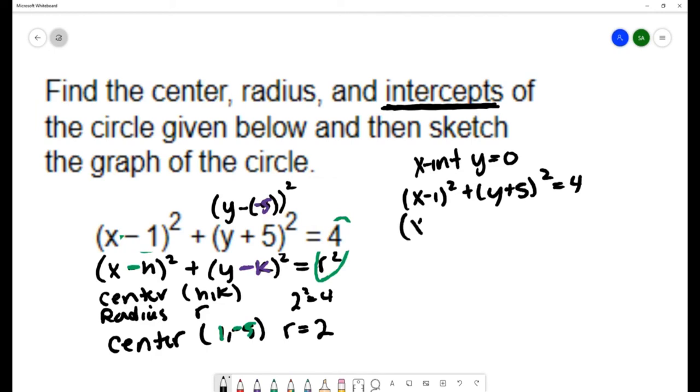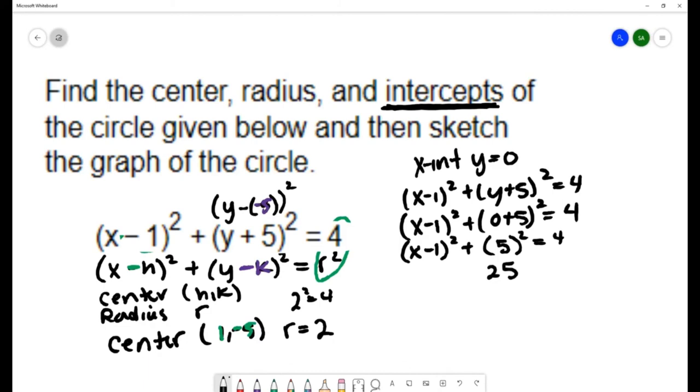That's (x - 1)² + (0 + 5)² = 4. And we'll simplify. That's (x - 1)² plus, following order of operations, 0 plus 5 is 5, and 5 squared is 25. So I have (x - 1)² + 25 = 4.